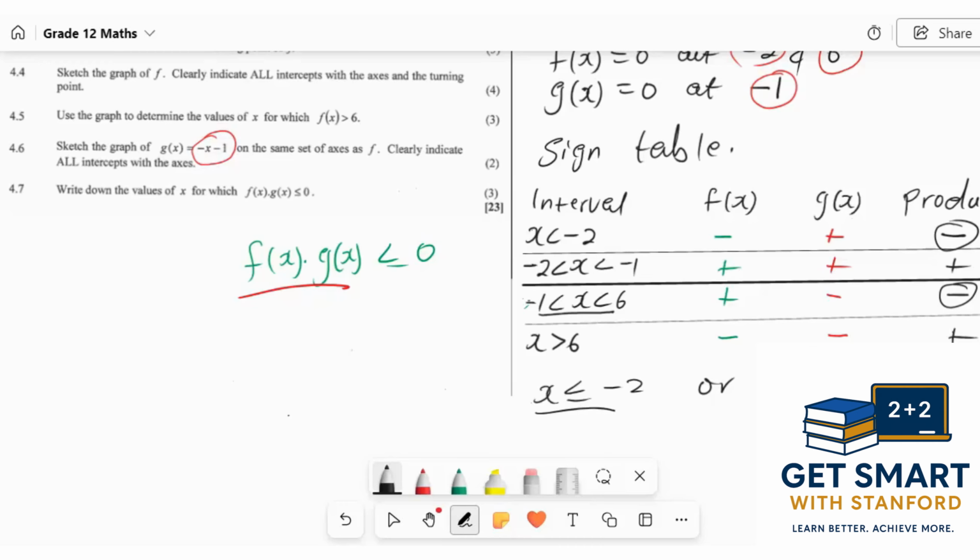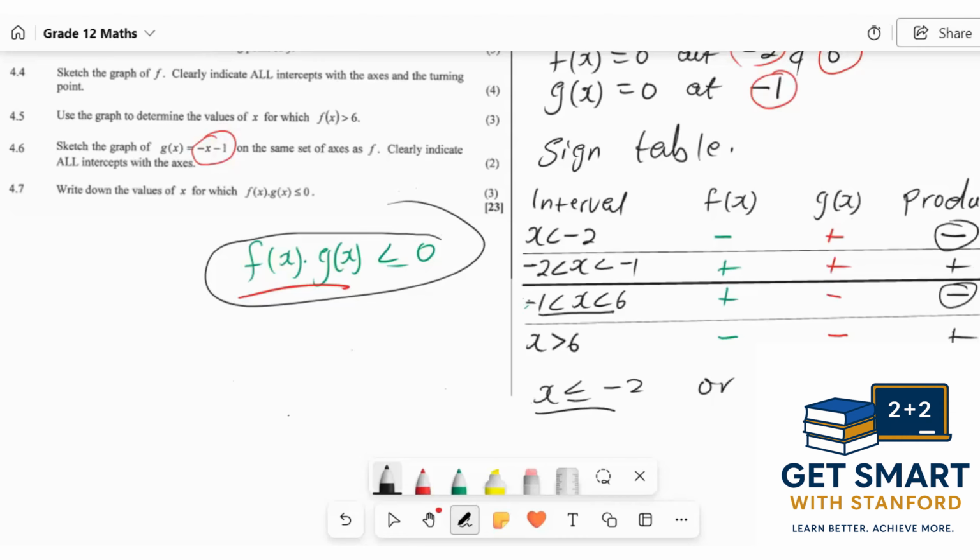So hence we've got these two inequalities that suit that which were given, the values of x for which f of x times g of x will be less or equal to 0. And that brings us to the end of this grade 12 mathematics problem.